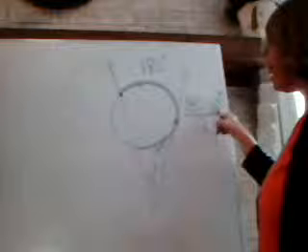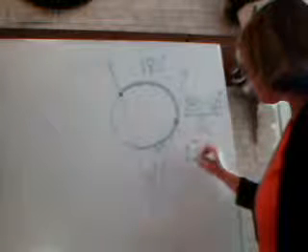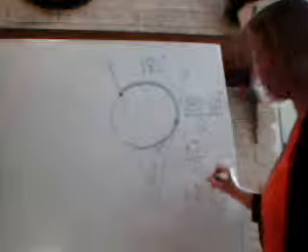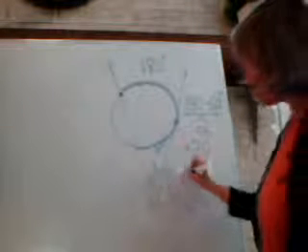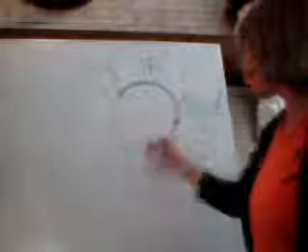So 180 minus 60, 120 divided by 2 is 60 degrees. That means this angle down here is 60 degrees. And there you go. So that's a secant and a tangent. Same formula. Big arc minus small arc divided by 2 gives me the angle on the outside.